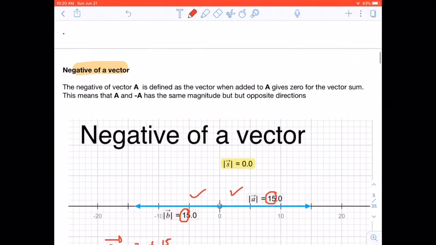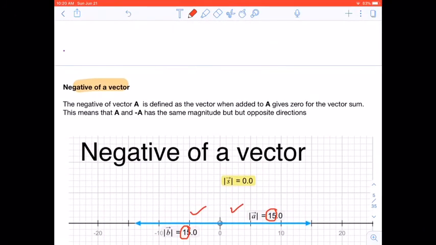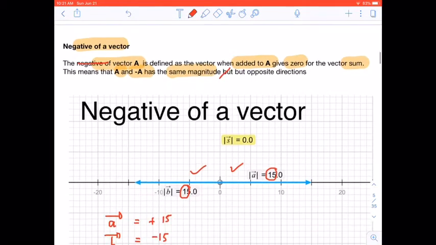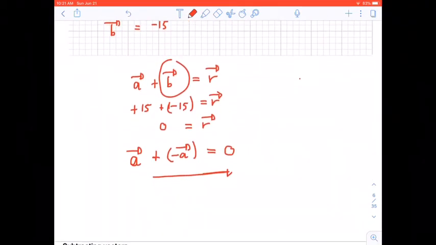Right, in terms of what's being said here, the negative of a vector A is defined as a vector that, when added to A, gives 0. For the sum, this means that A and minus A have the same magnitude but act in the opposite direction, as I have indicated there.